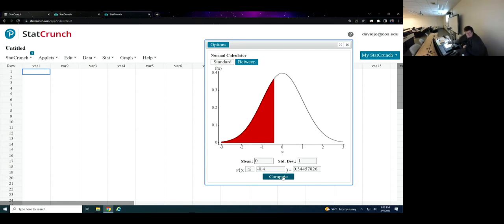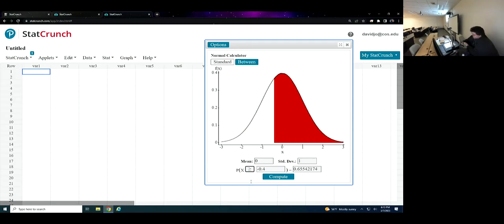If I go to 5 decimal places on this, I've got 3, 4, 4, 5, and then I round to the last spot is an 8. If I want to do greater than, I just change the sign. That makes it easy. This one was 0.65542.